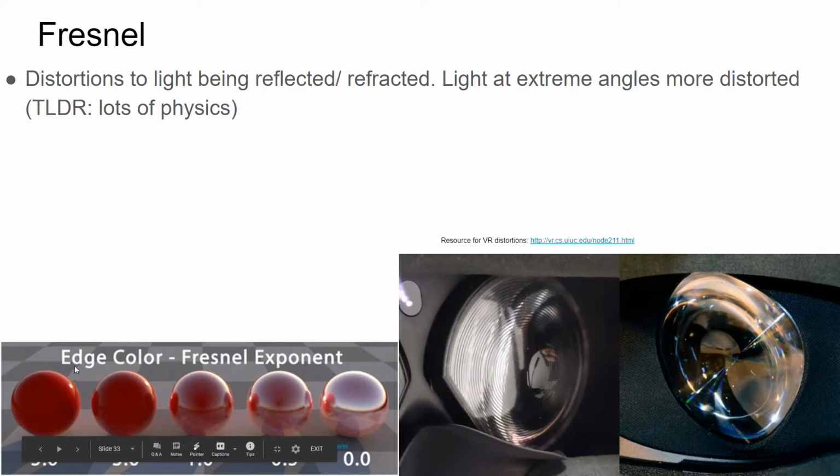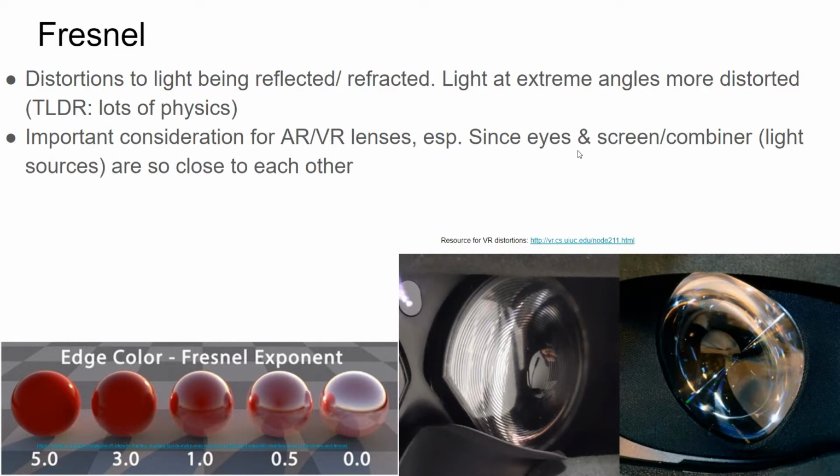If the light source were to move such that this were reflected on the front here, it wouldn't be nearly as distorted. It would look like a perfect circle. But as it moves to the edge, it gets super distorted. The explanations are complicated. There are a bunch of equations that describe why Fresnel is the way it is, and what effect you hope to see from it. But the too long didn't read is that it's just a lot of physics.